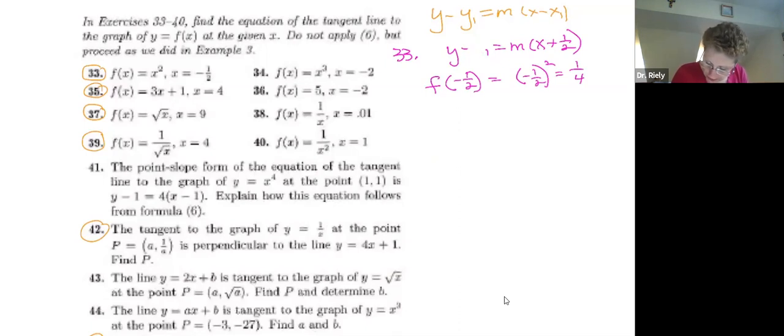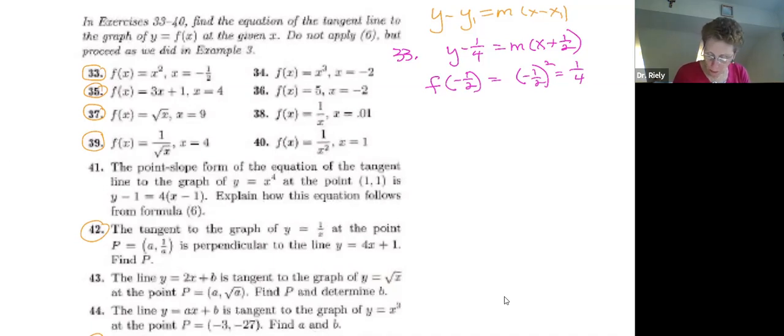I'm going to erase right here, and in its place, I'm going to put 1/4. Now, instead of erasing, you could just put it underneath so that you're following along. But my point is, I'm doing this little by little. And I haven't taken a derivative yet, because when I take a derivative, then I have another function. And that can be confusing when you first start doing this work.